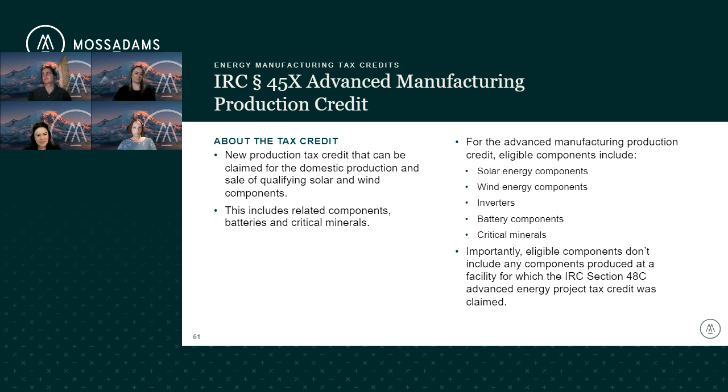The one thing to say here is that you can't get both the 48C Advanced Energy Project Credit and the 45X Manufacturing Production Credit. So again, this is a situation where we would analyze what's going to give you the bigger benefit, and then decide which credit to go after, because you cannot take both.